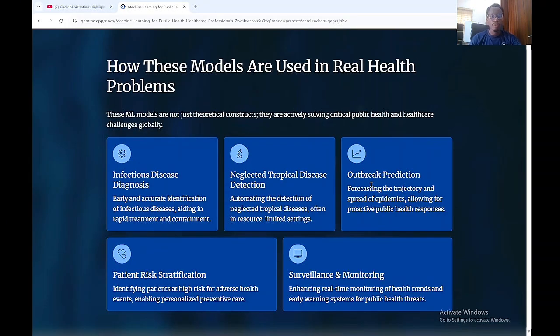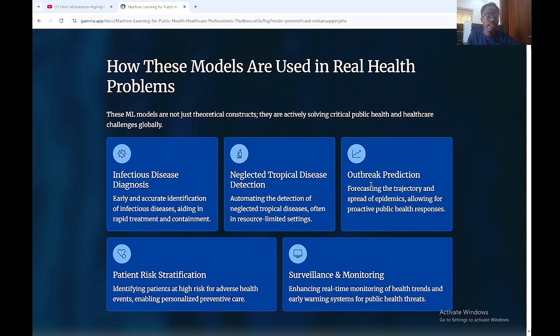And again, it's also important to understand that machine learning models are very imperative in patient risk stratification, just like we talked about risk characterization. When it identifies patterns, it can predict future risk. So it helps in identifying patients at high risk for adverse health events, enabling personalized preventive care.